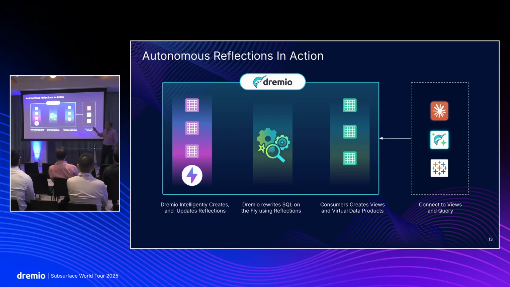And these reflections will automatically be used by Dremio Optimizer to accelerate user workloads. So what you have is fast performance without any work being done by users manually to accelerate queries.